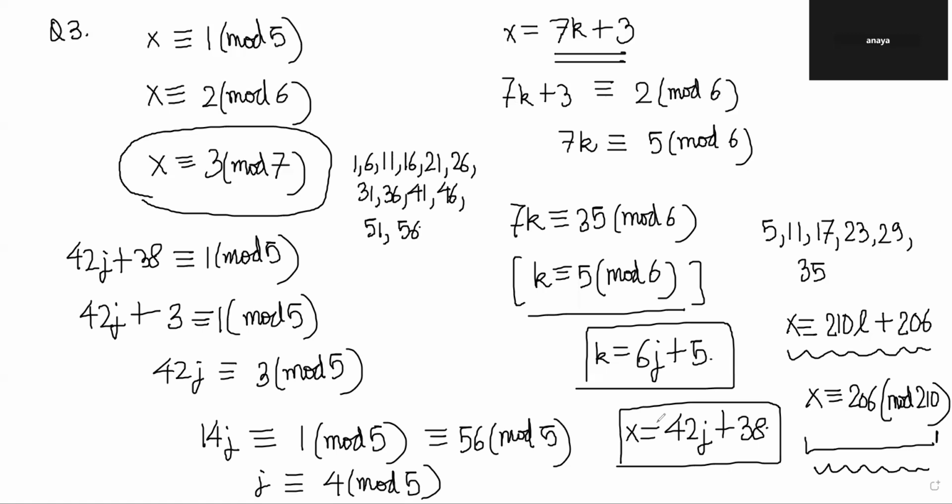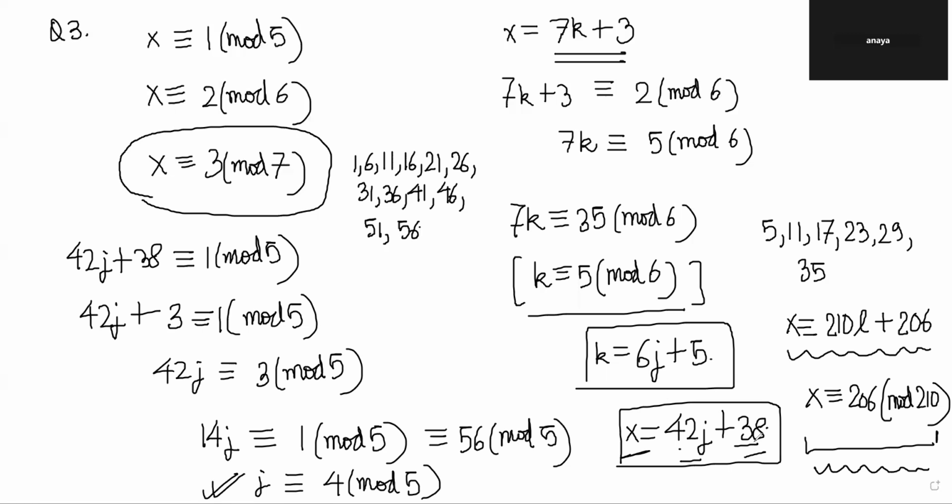And then x is 42j plus 38. Yeah, I got that. But then for the last one, I got j is equal to 4 mod 5, so j is equal to 5y plus 4, and then I put that in. You have to put that in x is equal to 42j plus 38, right? Yeah, and then I got 210y plus 200.